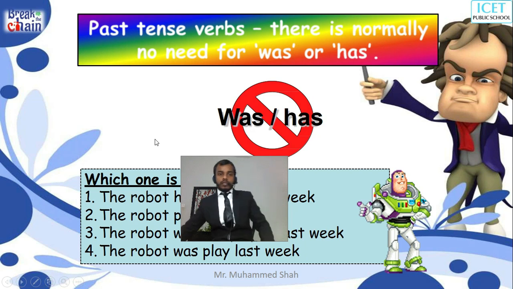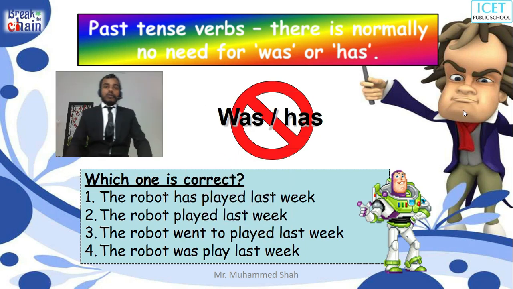Past tense verbs: there is normally no need for was or has. Got it or not? In simple past tense, no need of was or has. Which one is correct? The robot has played last week.